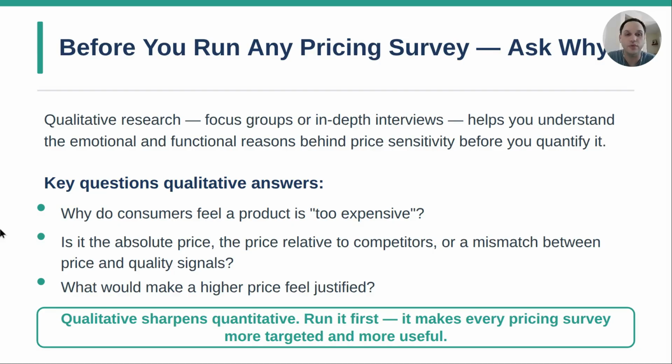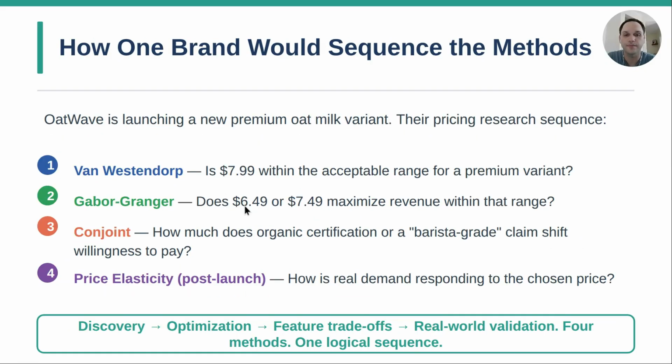Is it the absolute number, the price relative to competitors, a mismatch between the price signal and the product's perceived quality? Qualitative research answers those questions, which makes every subsequent quantitative survey more targeted and more useful. It's not a replacement for the quantitative methods, it's the foundation that makes them sharper.